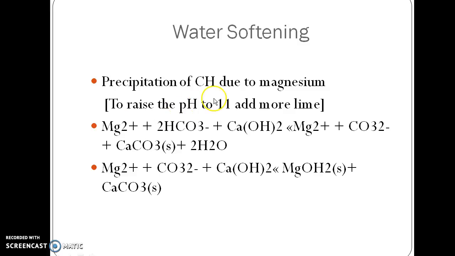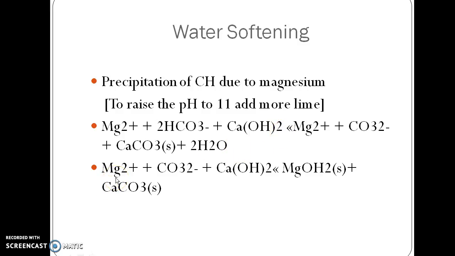Third, the precipitation of carbonate hardness due to magnesium. To raise the pH to 11, add more lime. That will be shown by the reaction. The magnesium carbonate hardness is removed by the lime with formation of magnesium carbonate, calcium carbonate and water.